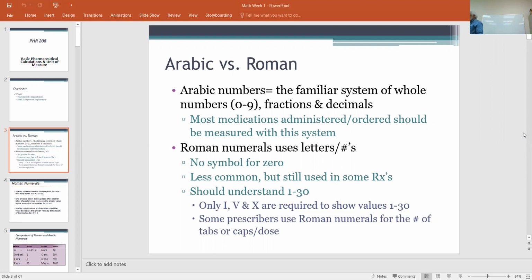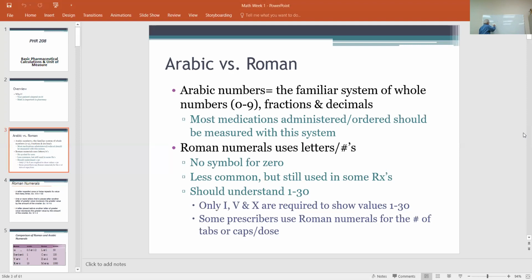Roman numerals you may or may not be familiar with, but the Romans used letters as substitutes for numbers. And we still use them today, and some doctors will use them in prescriptions today. So in Roman numerals, the letter I, which can also be written in lowercase, equals 1.